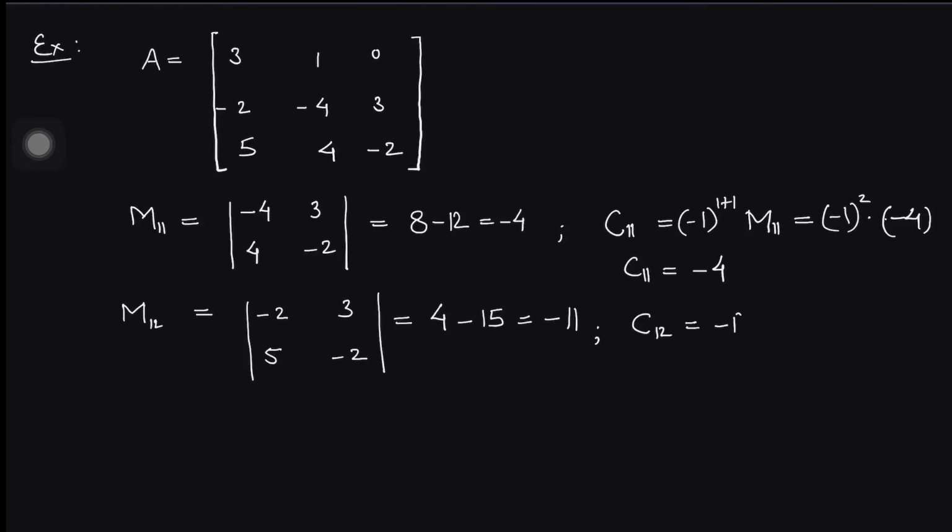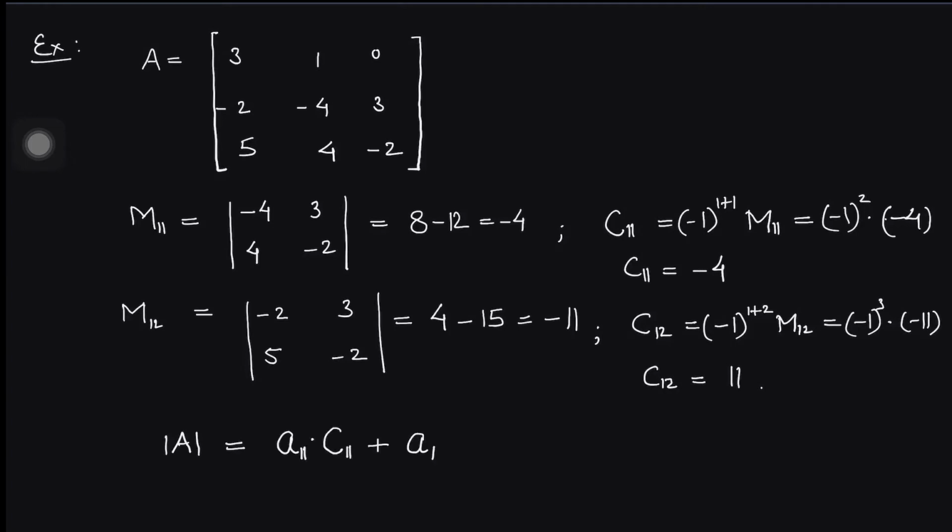So C11 is minus 4. C12 will be minus 1 to the power 1 plus 2 M12, minus 1 to the power 3 into minus 11, and C12 will be 11. So the determinant of this matrix we are expanding through the first row. First entry multiplied with its cofactor, second entry multiplied with its cofactor, third entry multiplied with its cofactor.